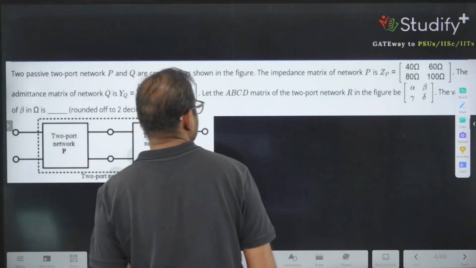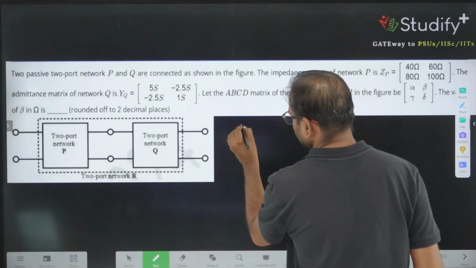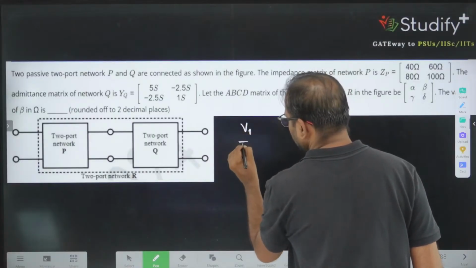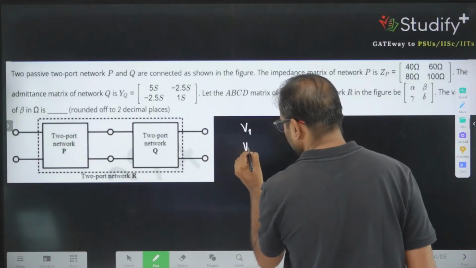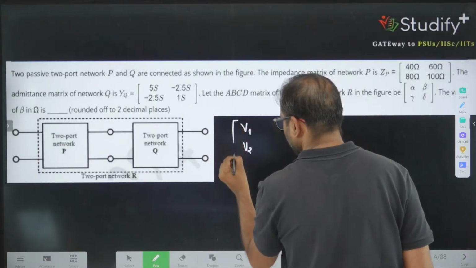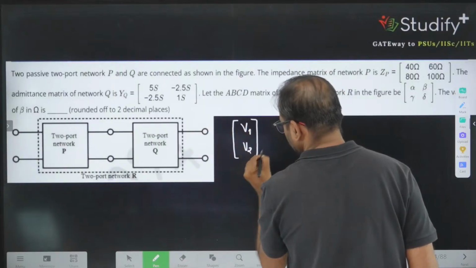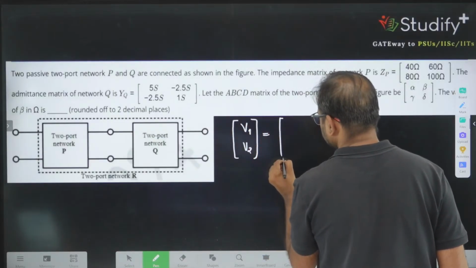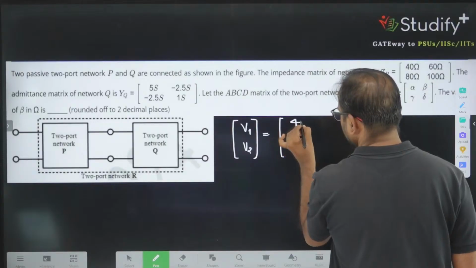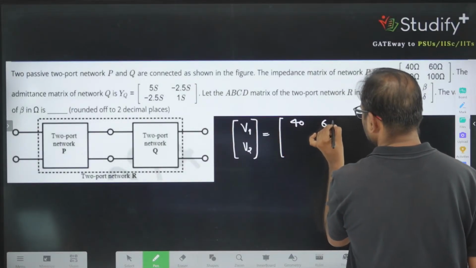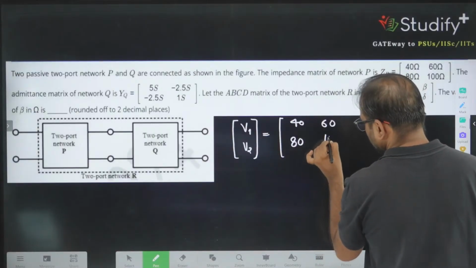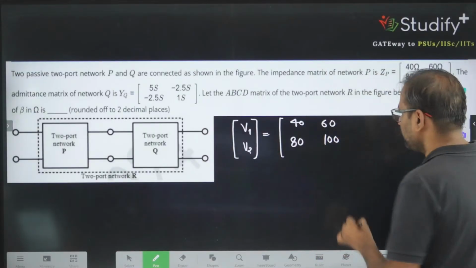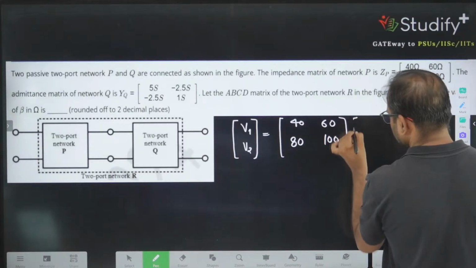The Z parameter can be written as V1, V2 equal to the matrix 40, 60, 80 and 100 times I1, I2.